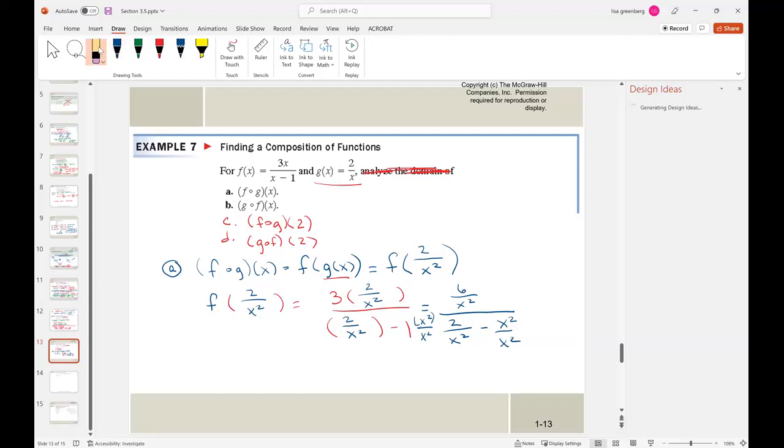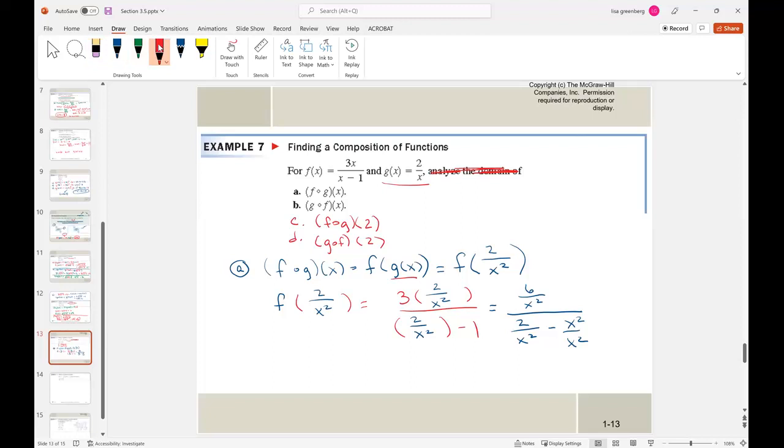Let me do it a little different here. So I'm going to turn that into X squared over X squared, or multiply it by that. And I get 6 over X squared over 2 minus X squared over X squared.